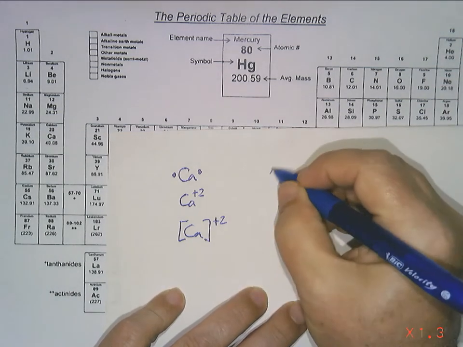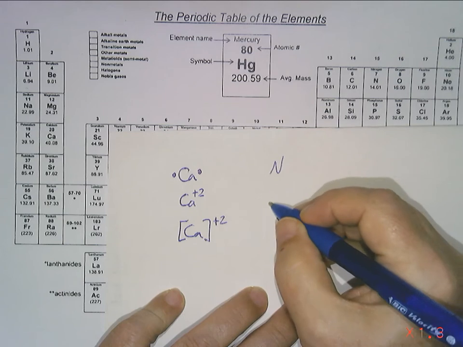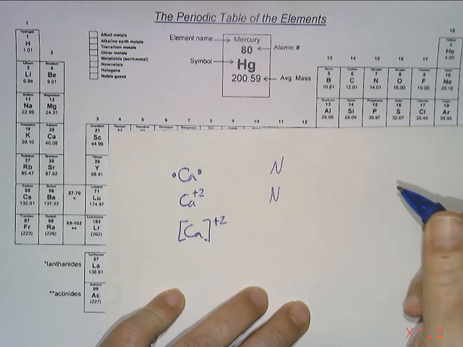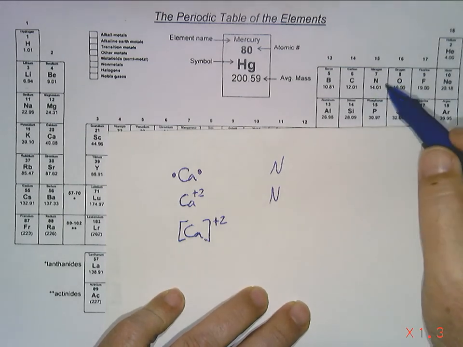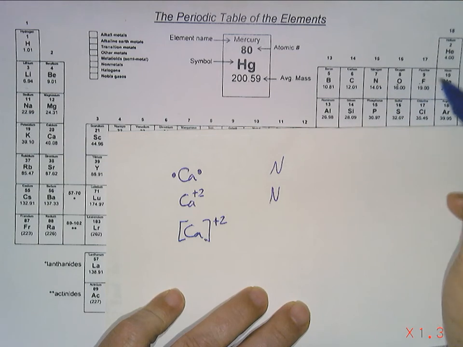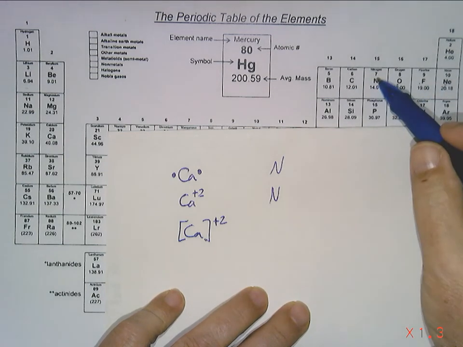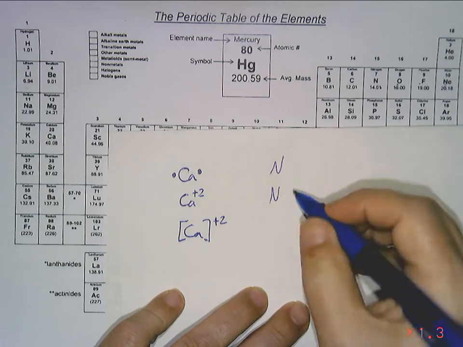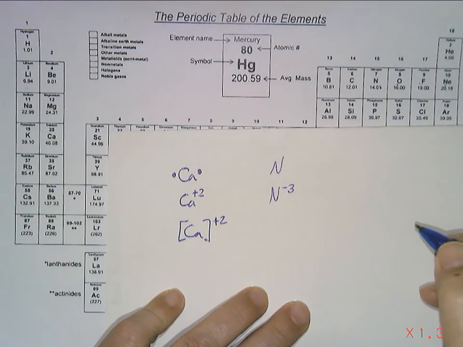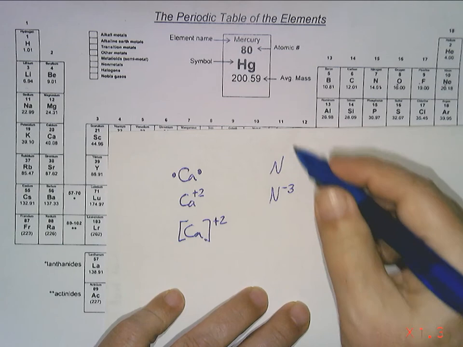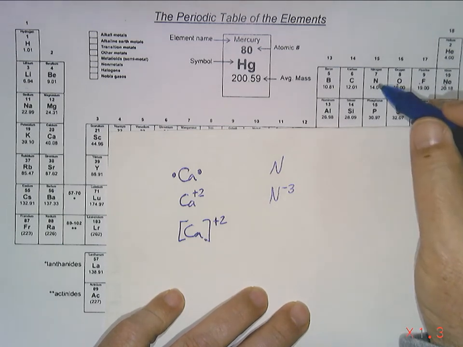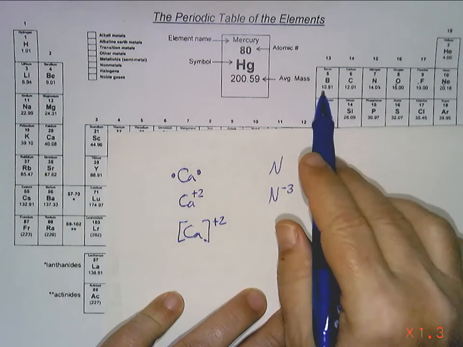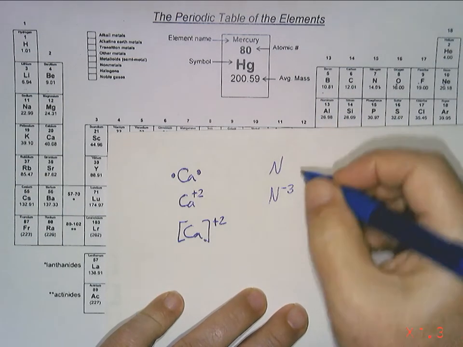Let's do nitrogen and then an ion that forms from nitrogen. What charge on the ion do you think you're going to have? Well, it wants to be like the nearest noble gas, which is neon. So it wants to pick up 1, 2, 3 more electrons. It has 7 electrons. It wants 10. So that'll be the most common ion that forms from nitrogen. Let's do the Lewis structures for both of these. Now nitrogen has got 1, 2, 3, 4, 5 valence electrons.